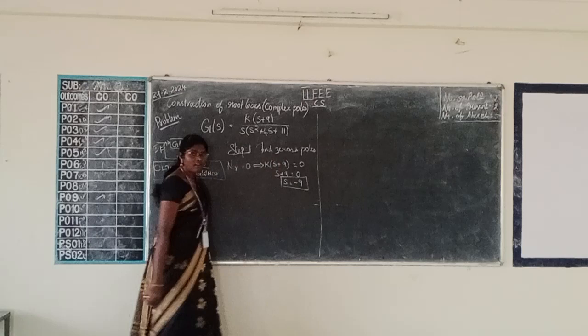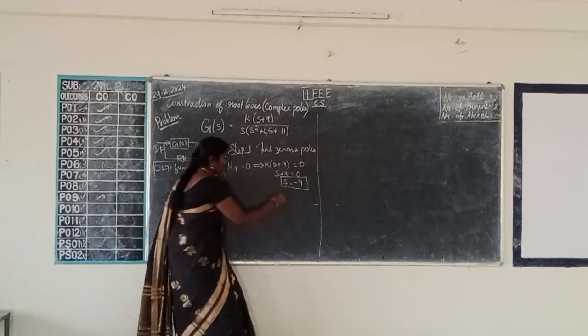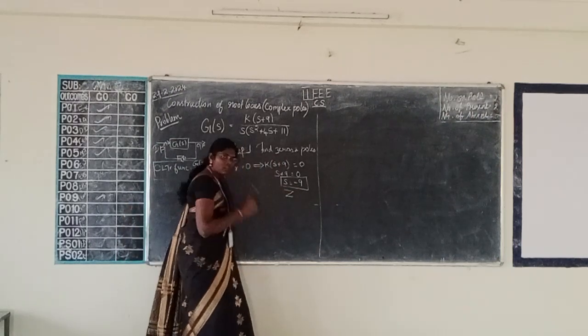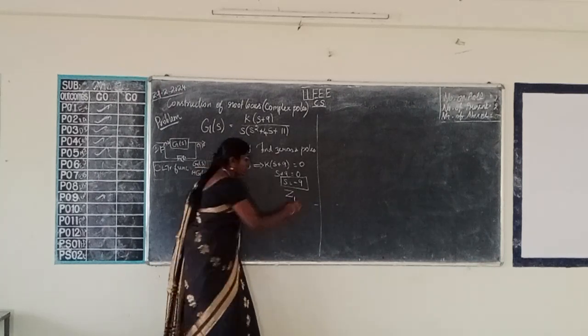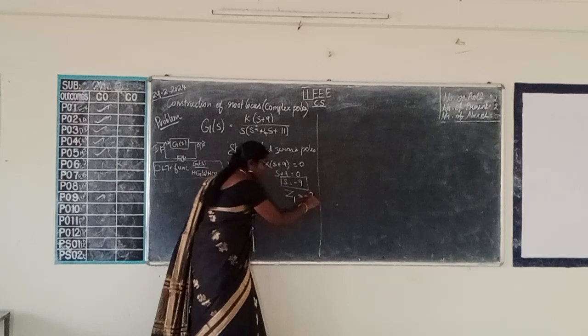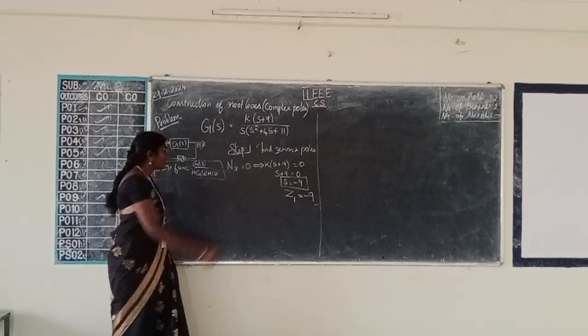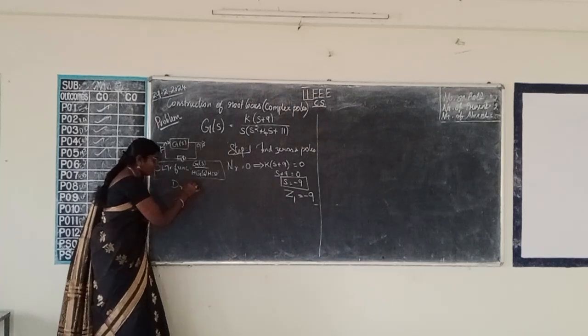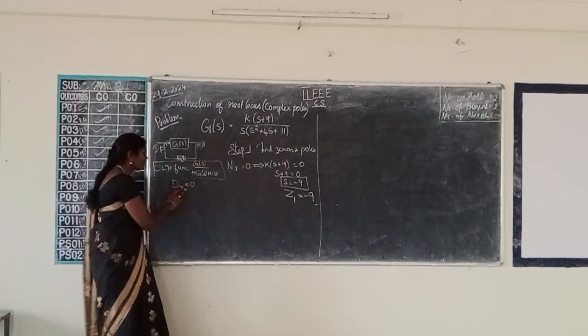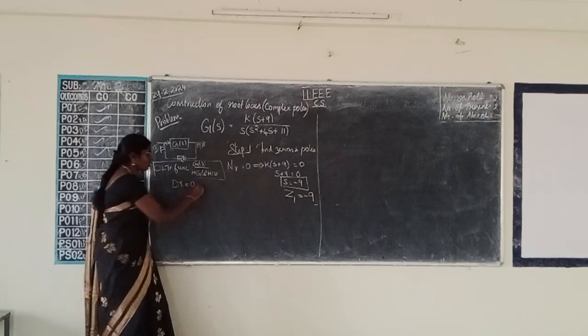This is our zero. The number of zeros here is 1, and that zero is minus 9. Clear? Next, for the poles, we have to equate the denominator to 0.